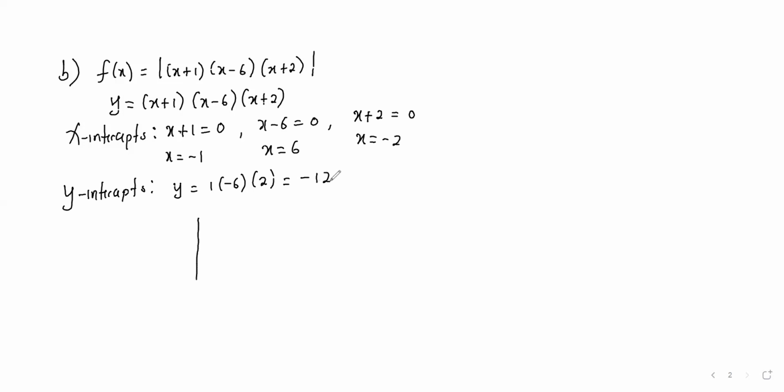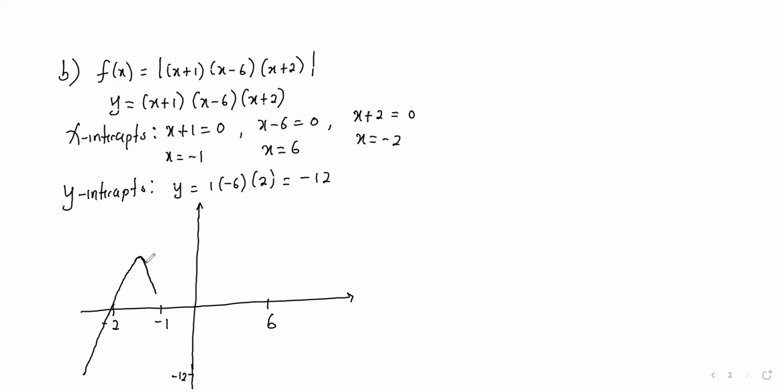And then first we sketch y. So y has intercepts negative 2, negative 1, and positive 6. And the y-intercept is negative 12. So we have a function like that. We don't know where it's turning, but it's in this interval.